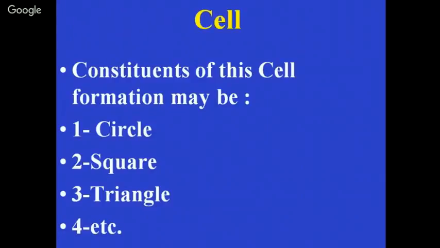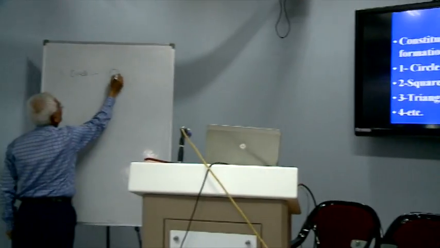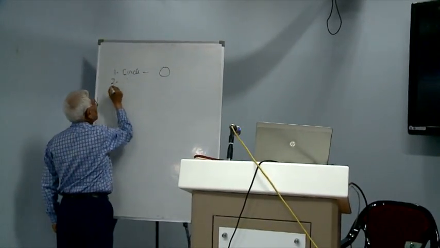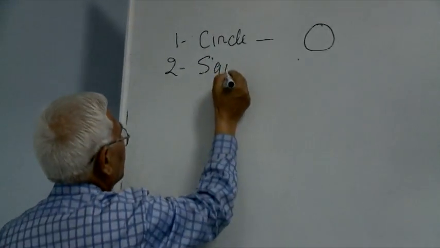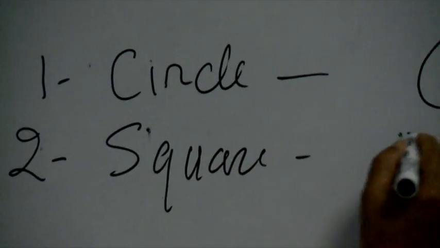I would like to add one more thing. We have discussed here the circle. This is a circle. Another is the square. This is the square.